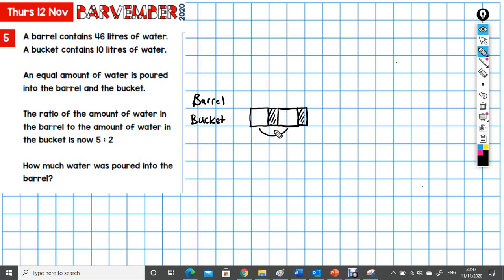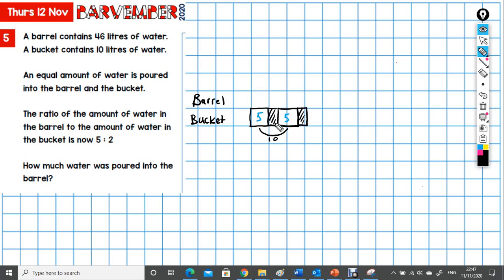So those added are 10, which means that each of these must be 5. Okay, does that make sense? And these two together are what was added to the bucket. Okay, I hope you're with me so far.